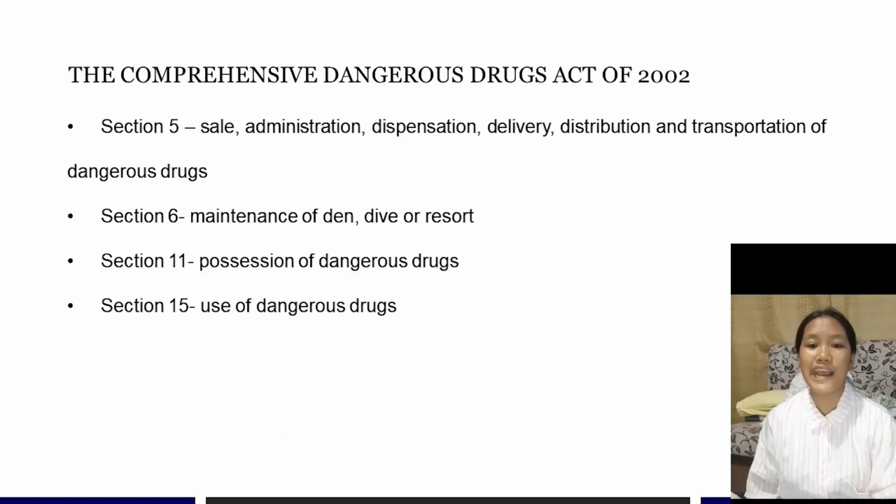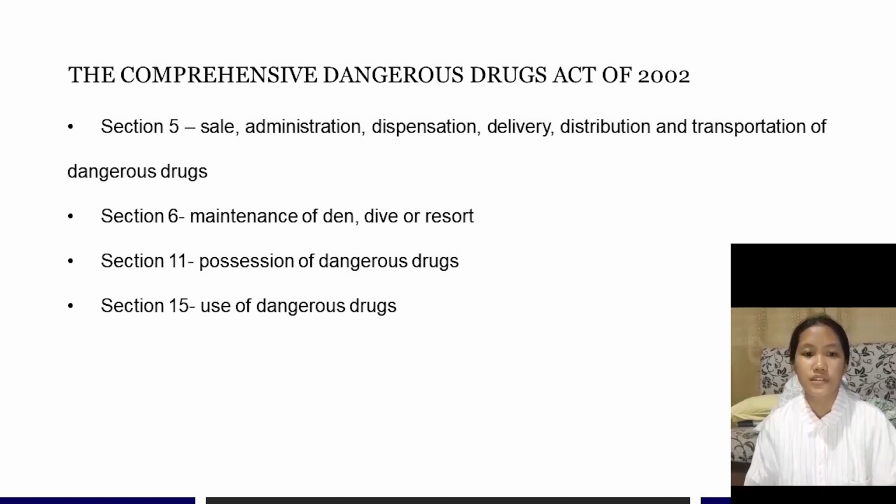Section 5. Sale, administration, dispensation, delivery, distribution, and transportation of dangerous drugs and or controlled precursors and essential chemicals.